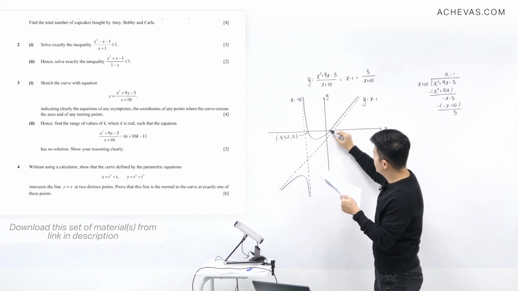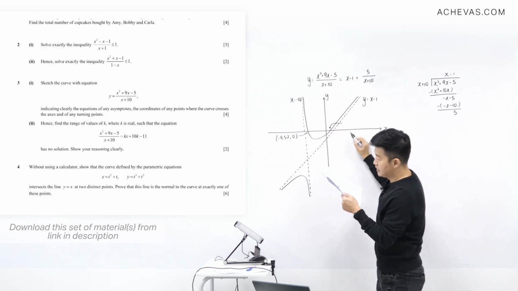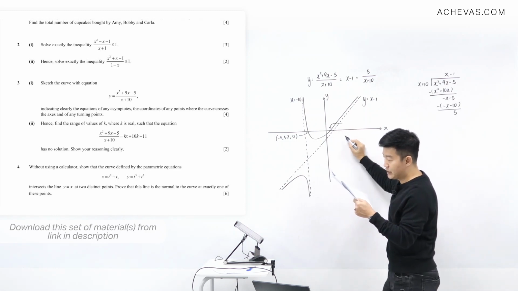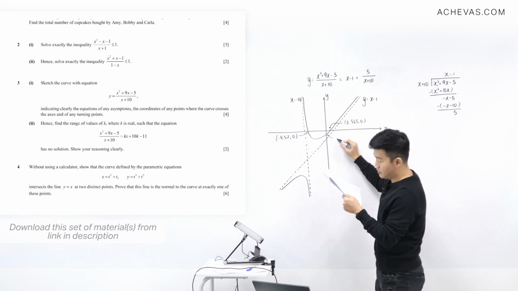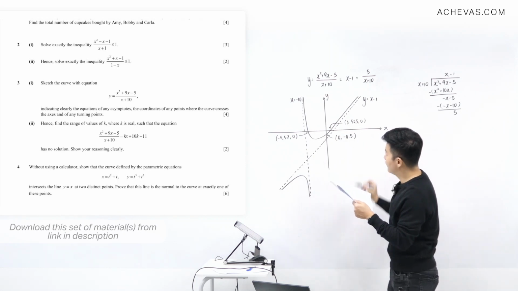And for this point here, it is 0.525 and 0. And as for this over here, it is going to be 0 and negative 0.5.